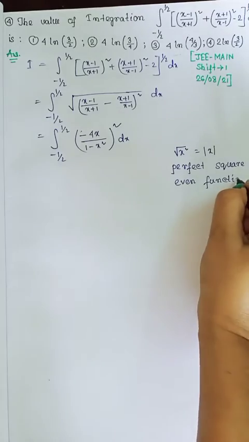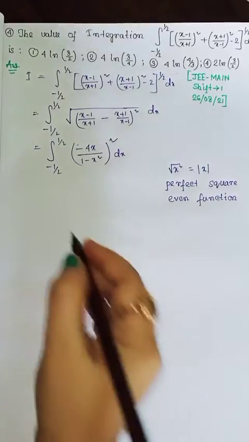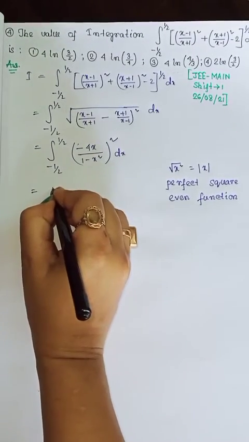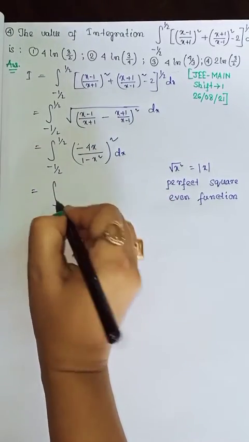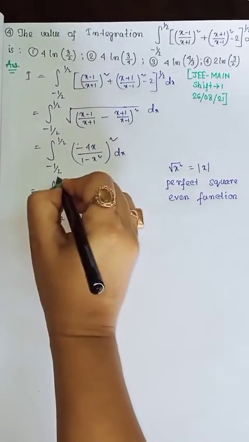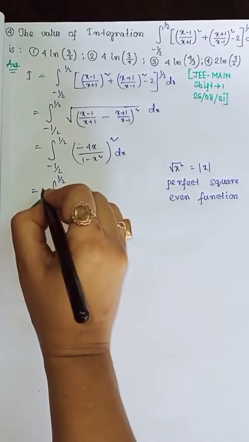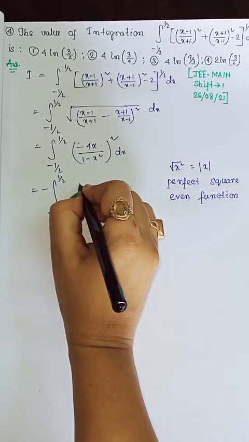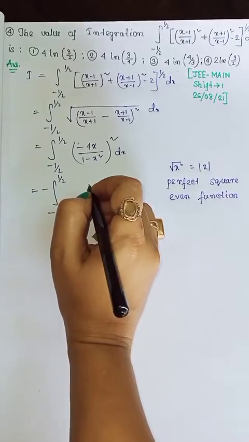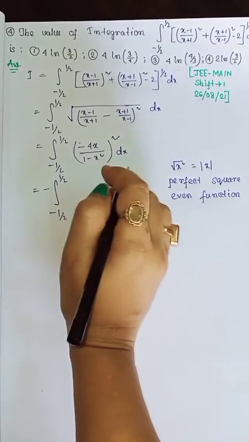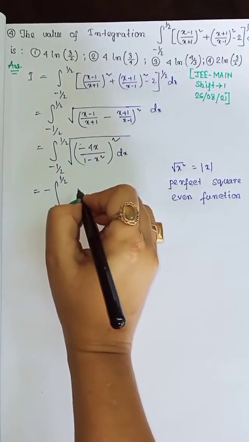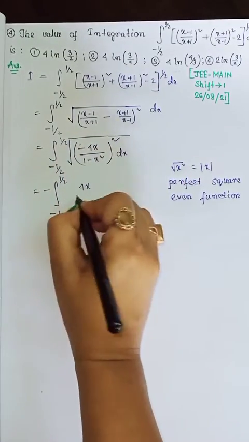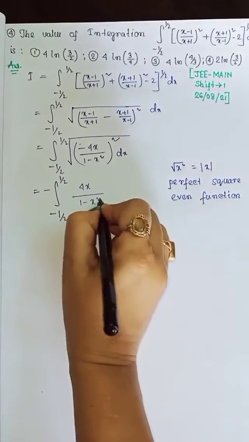Now simplifying this one between minus half to plus half, when we eliminated the mod, it becomes 4x by 1 minus x square.